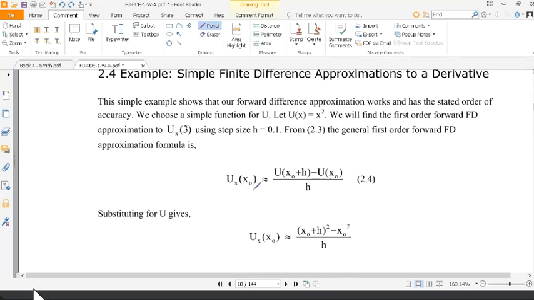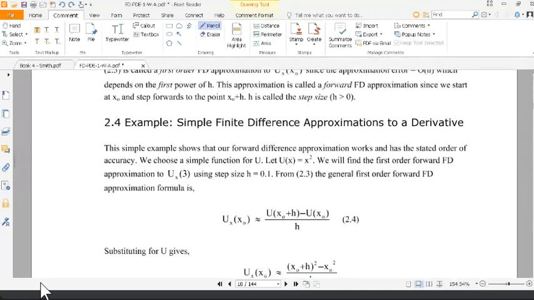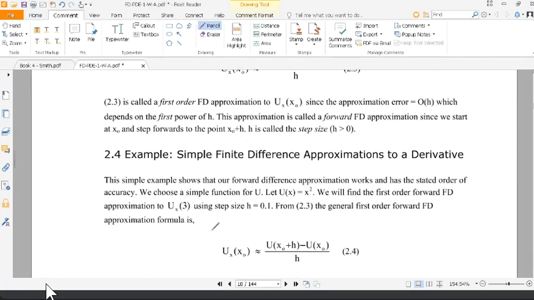Based on the above formulation, we have the forward finite difference approximation for the first derivative: u(x0 + h) minus u(x0) over h. Is it a formulation for computing approximately u_x, the first derivative of u?